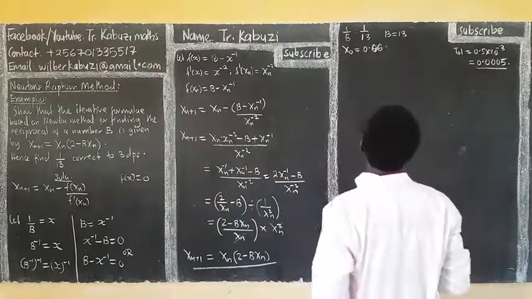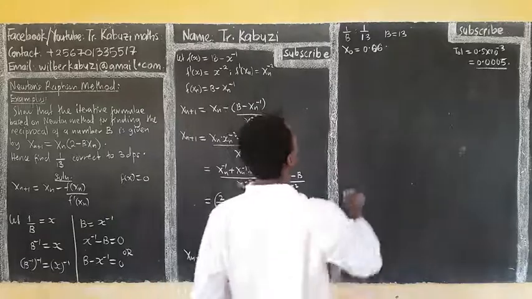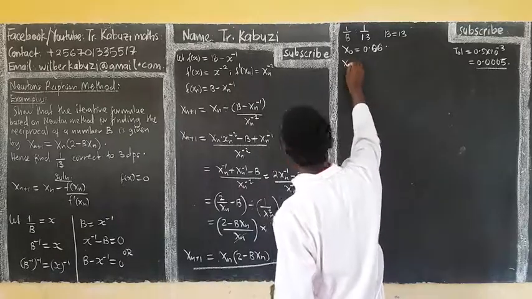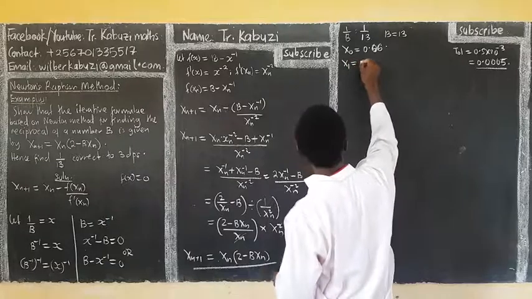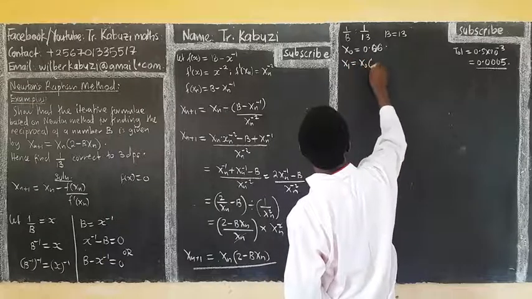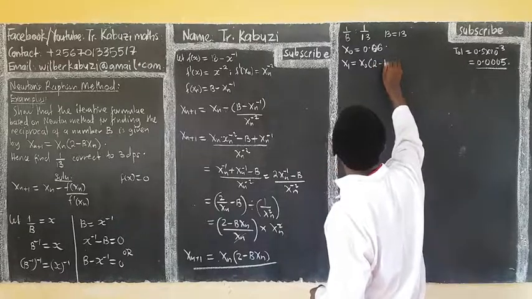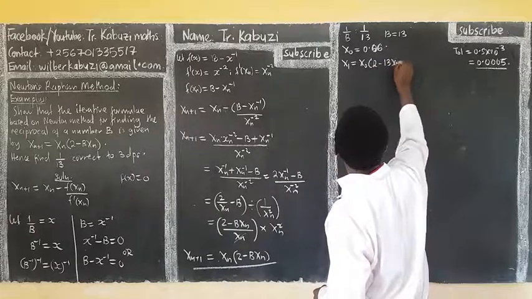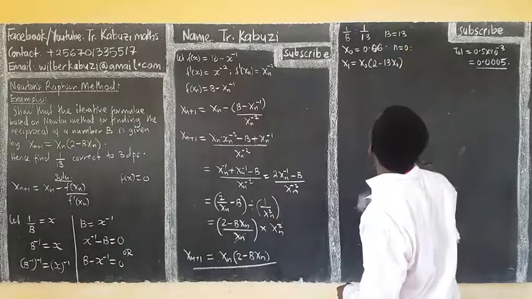Then you start with that value as my initial value. So after doing that, now I come to my formula. So my x1 is going to be x naught into 2 minus b x naught. Now my b is 13. This is happening when n is 0.